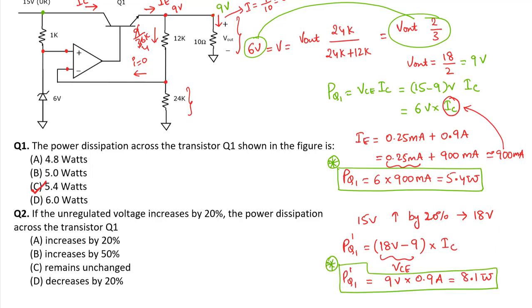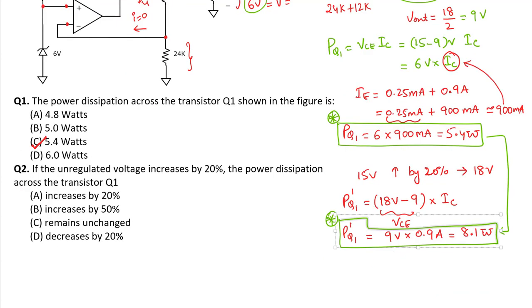But if you look at the options, they're asking in terms of increases by 20%, increases by 50%, remains unchanged, or decreases by 20%. We can see from the initial case, obviously it has increased. By how much? If you observe here, it has increased by 50%. So how do I state that?